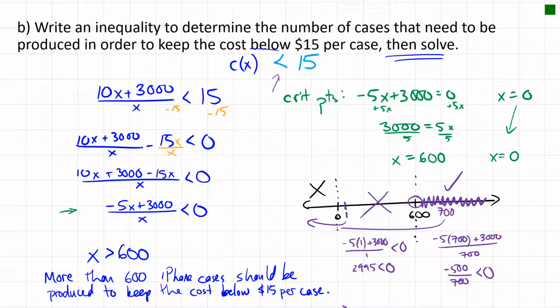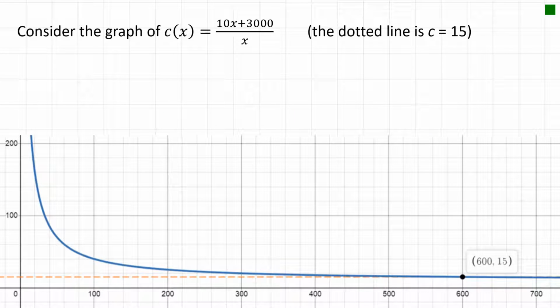And that's probably the best way to write our answer to this problem. Interpret that x, oh, and I made a mistake there. Oh, no, I have that right. X is greater than 600, so more than 600 iPhone cases should be produced to keep the cost below $15 per case.